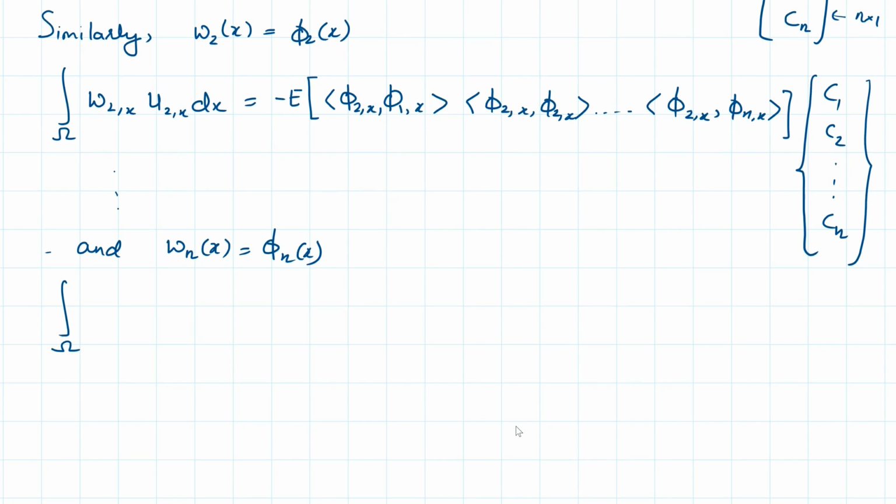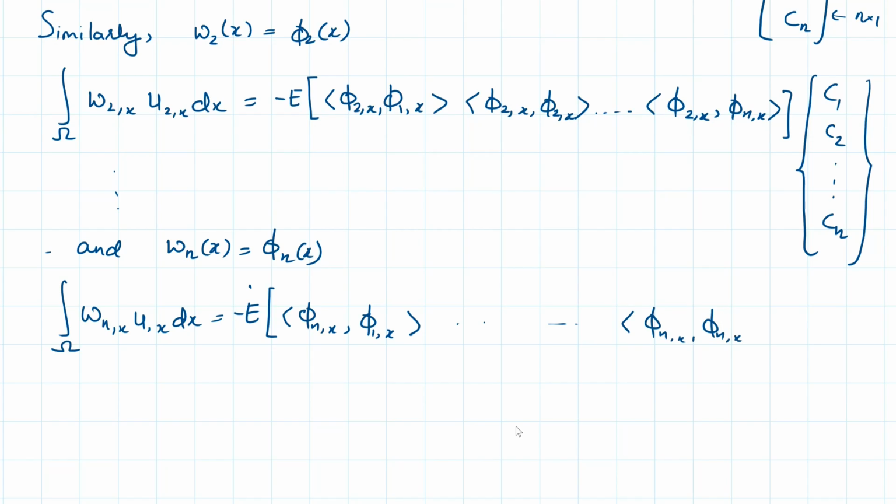We can come up with an equation: the integration of Wn(x) u(x) dx is equal to minus e times the row vector of the inner product of phi(n)(x) with phi1(x) and all the way up to phi(n)(x) with phi(n)(x), and the column vector c1, c2 to cn.